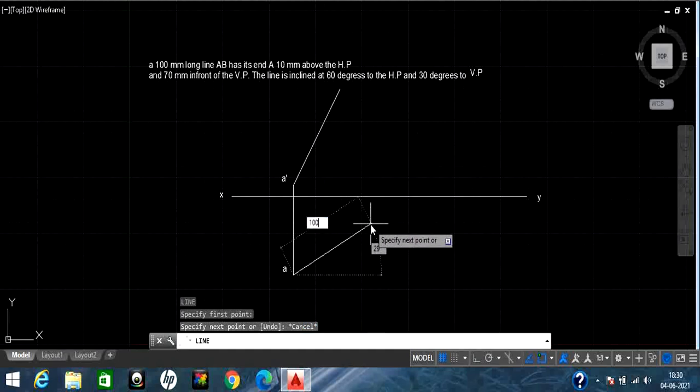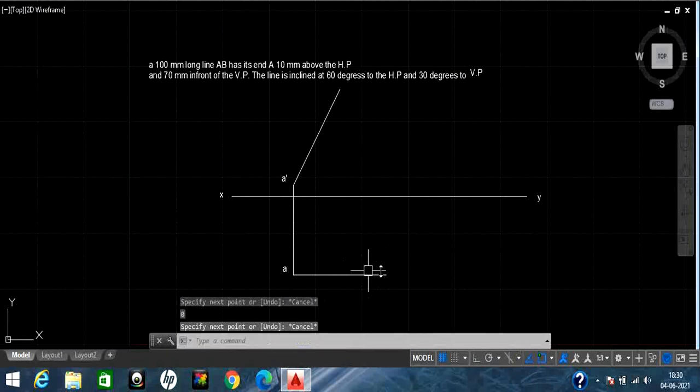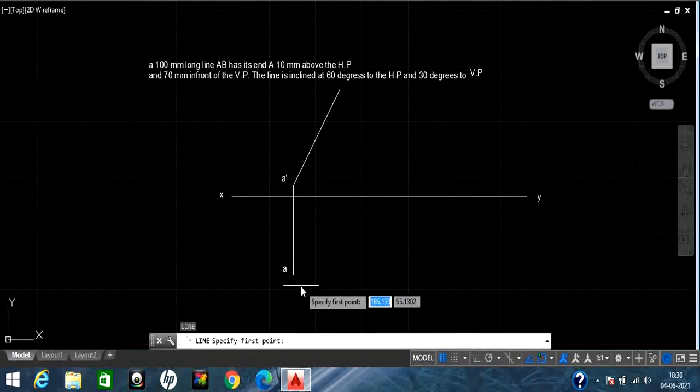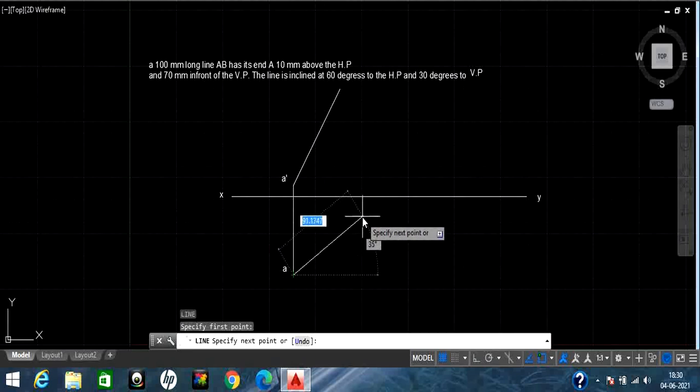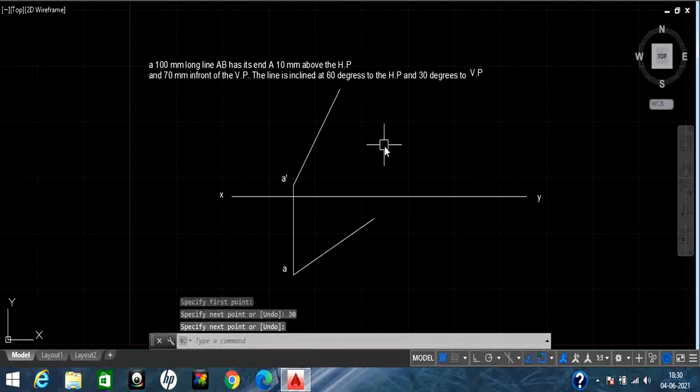Type 100, then the angle of this line is 30. Erase this one and take the line command. The length of this line is 100 and the angle is 30 degrees. This is a very important condition. Case 1 is theta plus phi less than 90, and this is theta plus phi equal to 90.